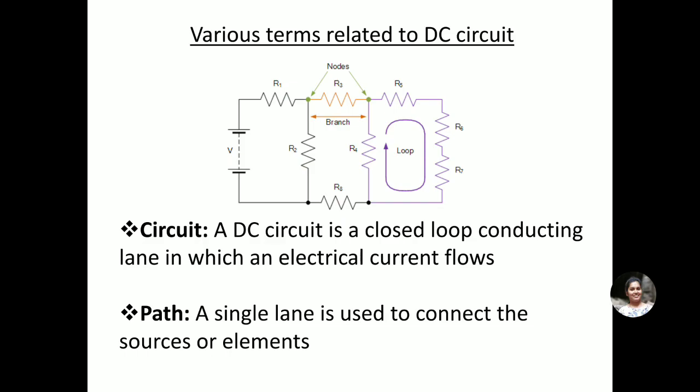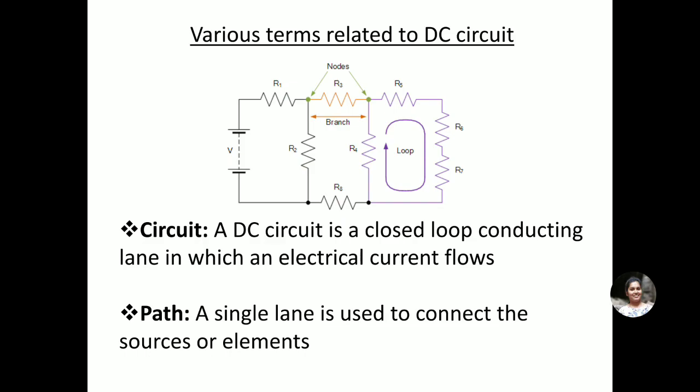A circuit can be of two types: open circuit or closed circuit. For flowing of current, it should always be closed. So in order to calculate either voltage or current or resistance, the circuit should always be closed. In this diagram, everything is closed, nothing is kept open.